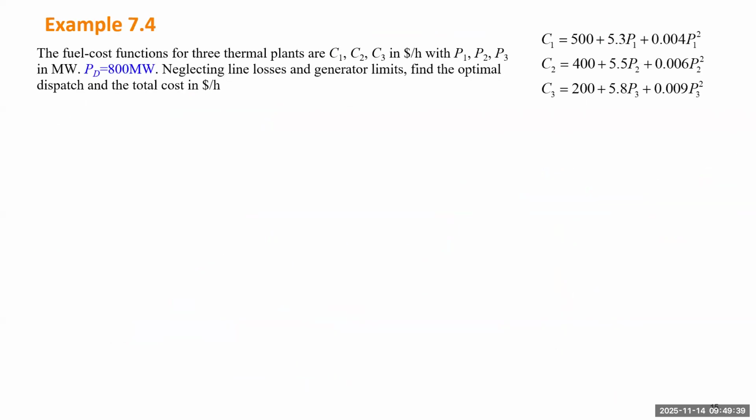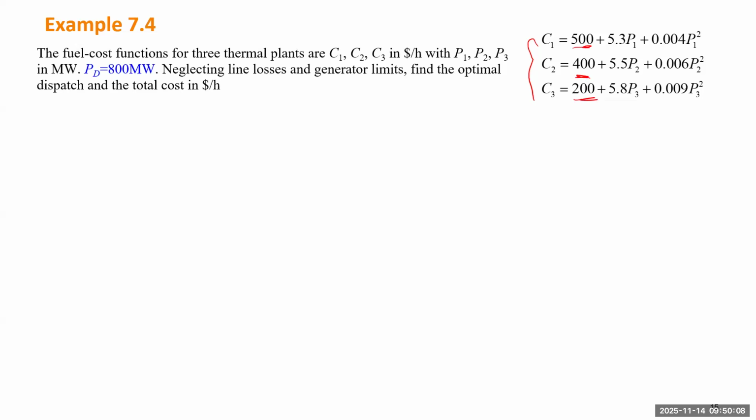Let's use one example to explain what happened in those steps 1, 2, 3. We have 3 thermal power plants with costs C1, C2, C3. They're all modeled as quadratic functions. So the constant value indicates the minimal cost, right?